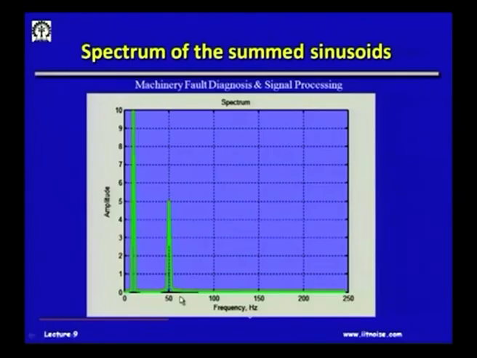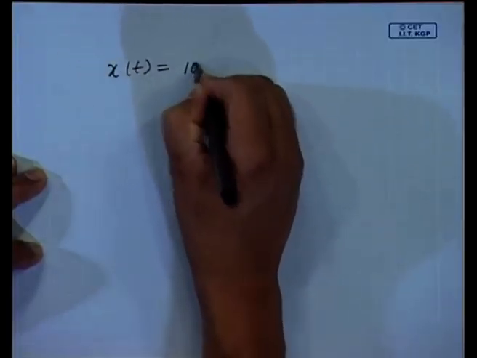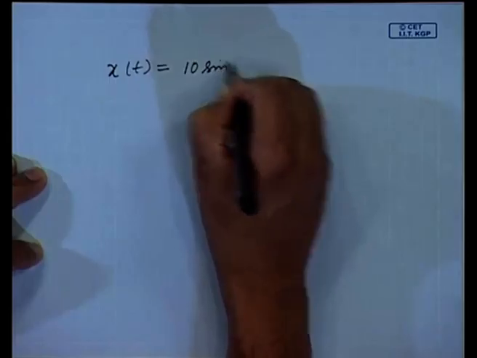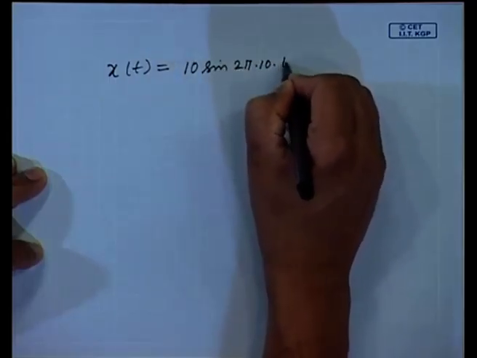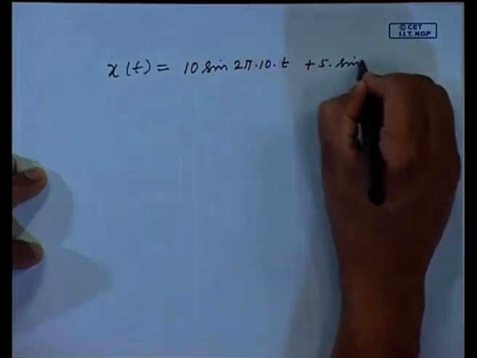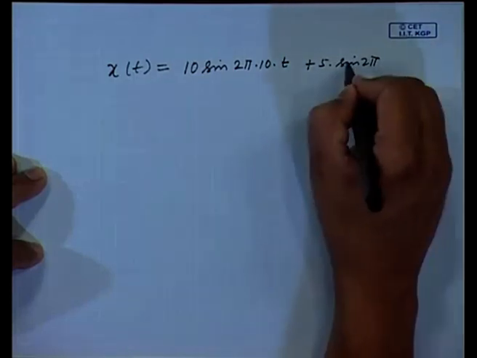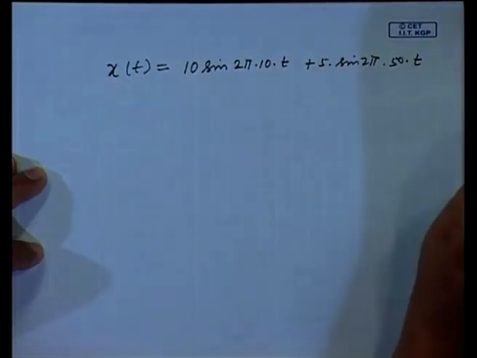So, if I have to write this signal, the composite signal x(t) is nothing but 10 sin(2π·10t) plus 5 sin(2π·50t).